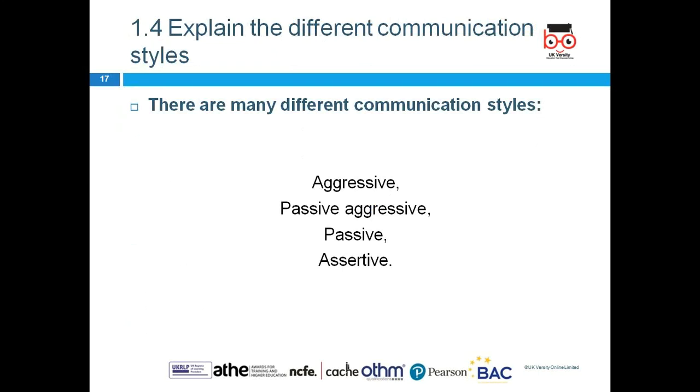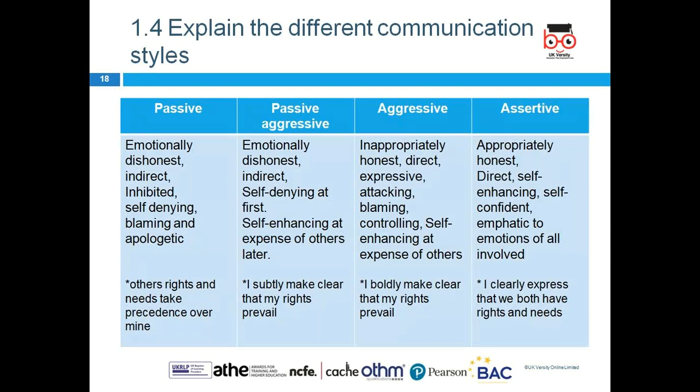Explain the different communication styles. There are lots of communication styles, but we're going to go over these four: aggressive, passive-aggressive, passive, and assertive. So we've got passive. A passive person is emotionally dishonest. They're indirect. They're quite inhibited.